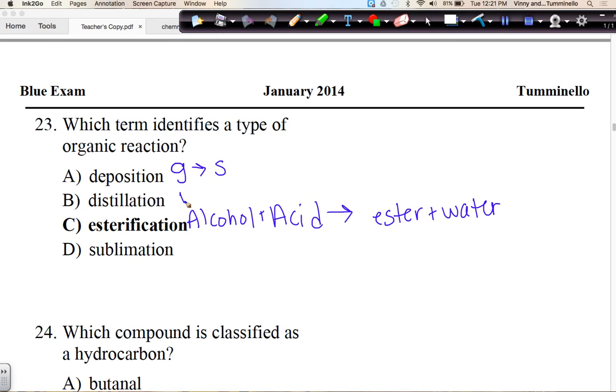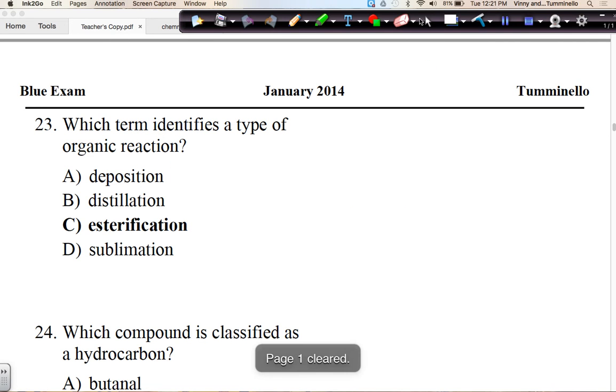Distillation is separating a mixture of different substances based on the fact that they have different boiling points, and sublimation is solid to gas. Some other organic reactions would be saponification, combustion, substitution, addition, and polymerization. I'm sure I missed something, but those are some of the other organic reactions.